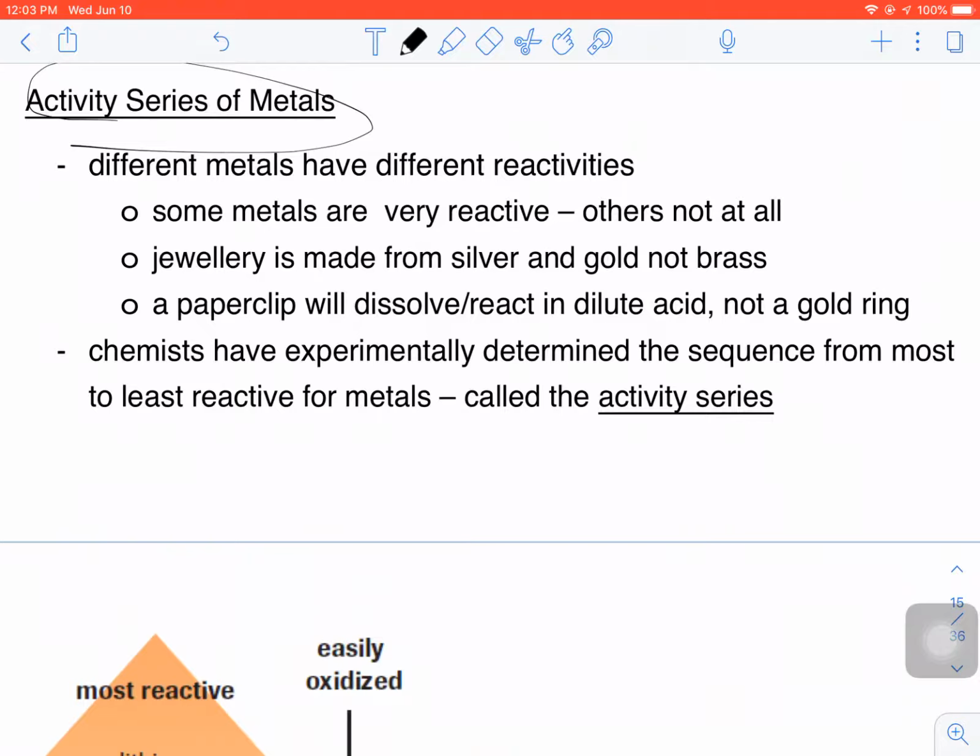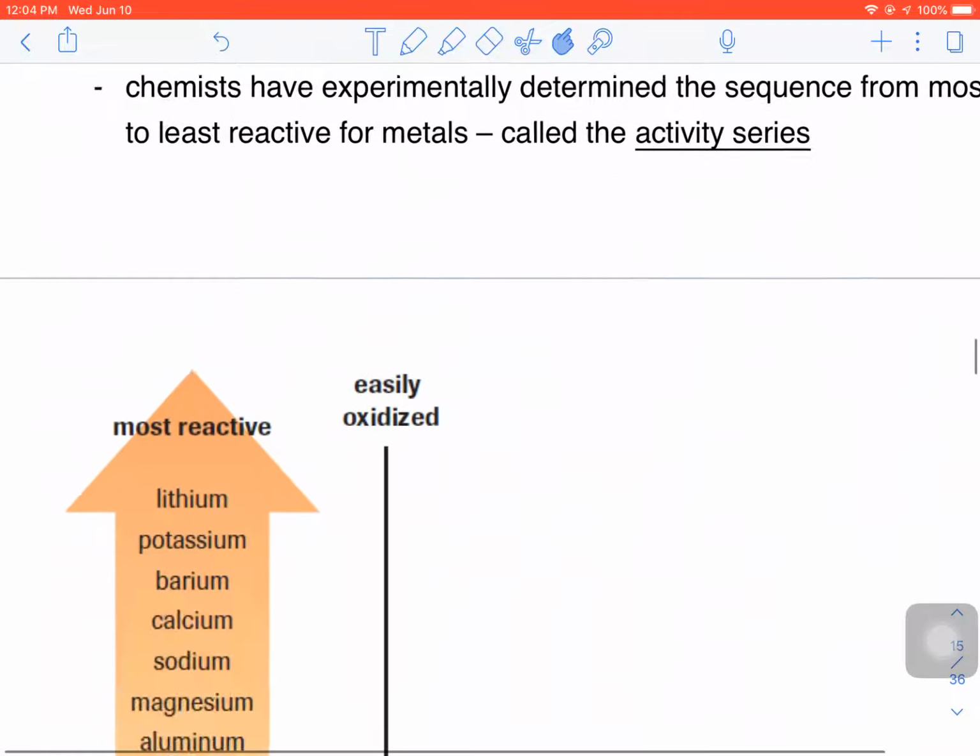We talked earlier in the course about the fact that jewelry is basically made from elements that are very unreactive, which means they won't rust, they won't react with your skin, they won't react with your sweat, they won't react with the water when you're doing dishes or laundry or having a shower. They're very, very unreactive. Let me pop up the activity series here.